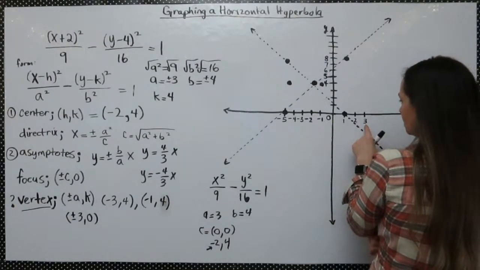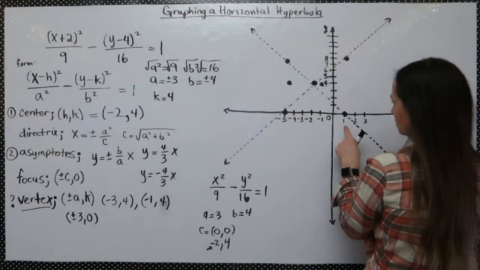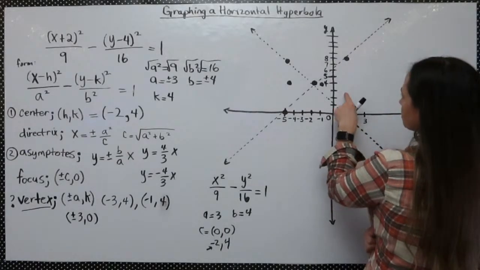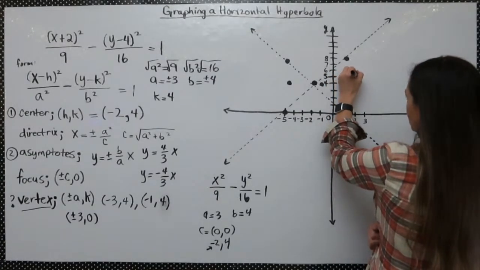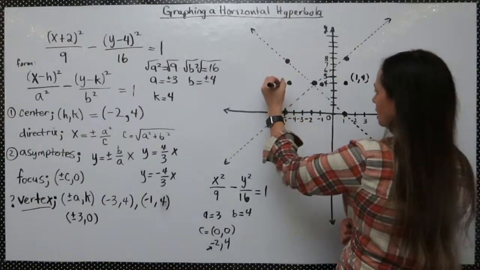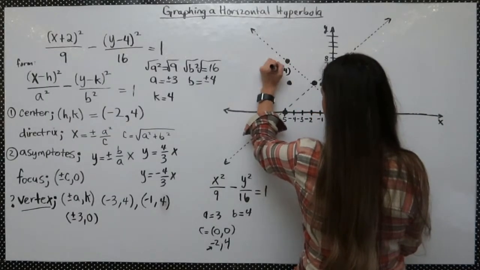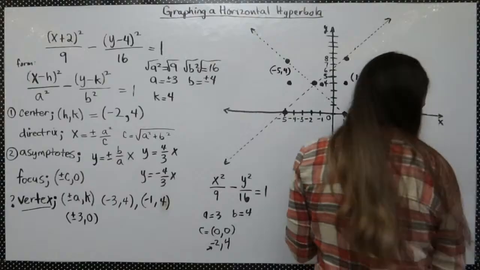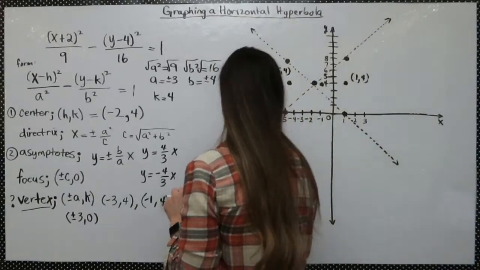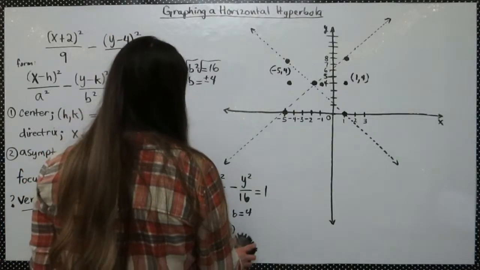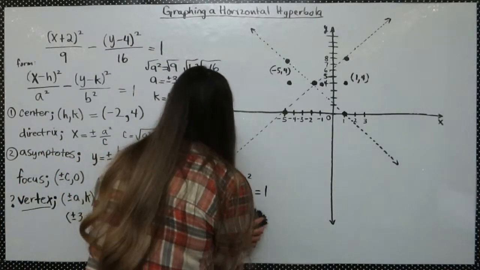It would be at 3, 0, and I shifted it 1, 2, and then 1, 2, 3, 4. We'll put it here, and that would put it at 1, 4, and then this one would be at negative 5, 4. All right, so I think I found the vertices of it. Yeah, these graphs are not fun.